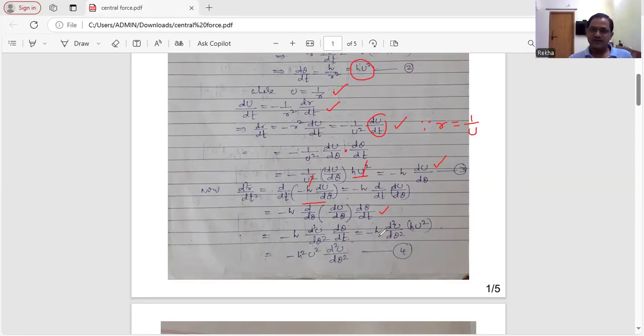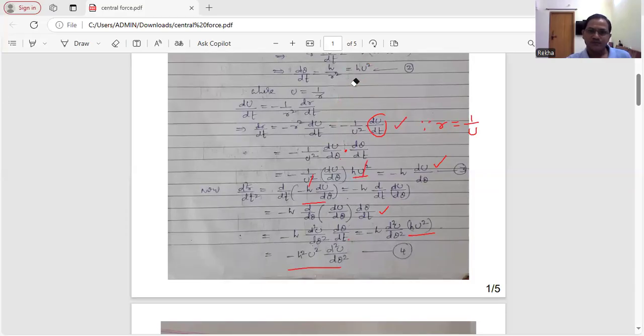Substituting h u square for d theta by dt, this gives minus h square u square d square u by d theta square.